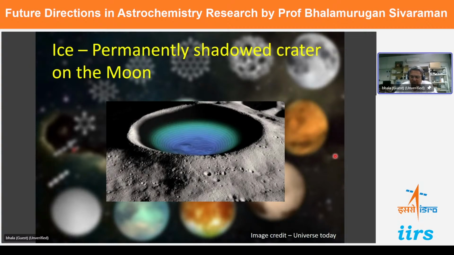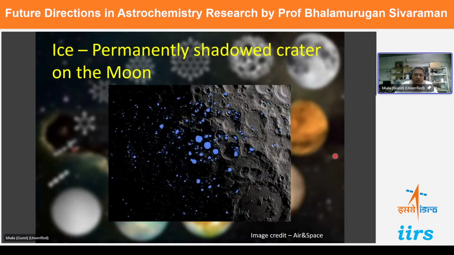It is not just one crater where the temperatures are low. If you go to the south pole of our moon, there are plenty of places which have not seen sunlight for ages, for millions of years. This is one of the reasons that many space agencies are interested in the south pole, where it is still primitive.